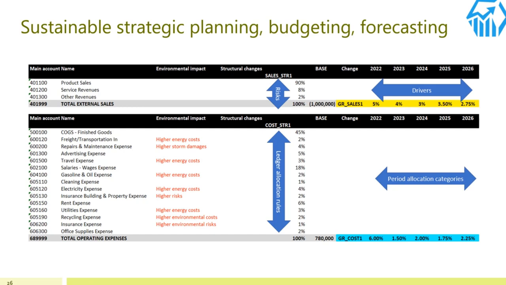The important thing here is this environmental impact. I did not include it here, but there's also an impact here, of course, on sales and so on. But here you can see that higher energy costs will probably give rise to higher freight and transportation costs. More severe storms will give rise to higher insurance expenses, and so on. And all of these effects can be assessed from this census tool or other tools that you know.